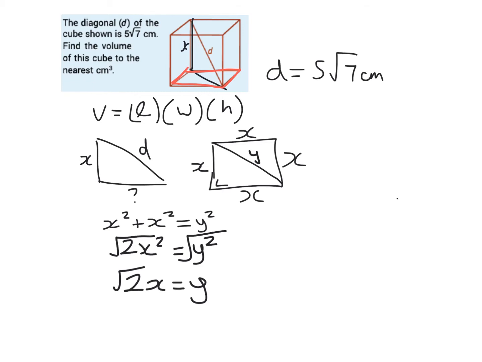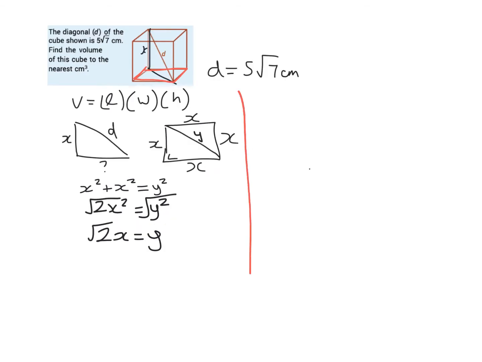Okay, so what does my shape look like now? Well, in that diagram we know that d is equal to 5 root 7. We know that one side we'll call x, and we know that the bottom is going to be root 2x, because that's basically our hypotenuse of a side if we were to look at a side.